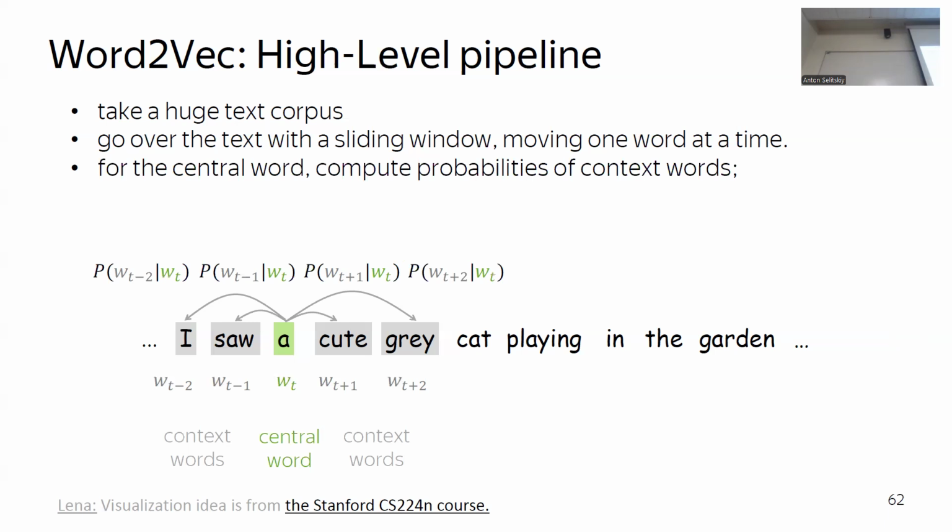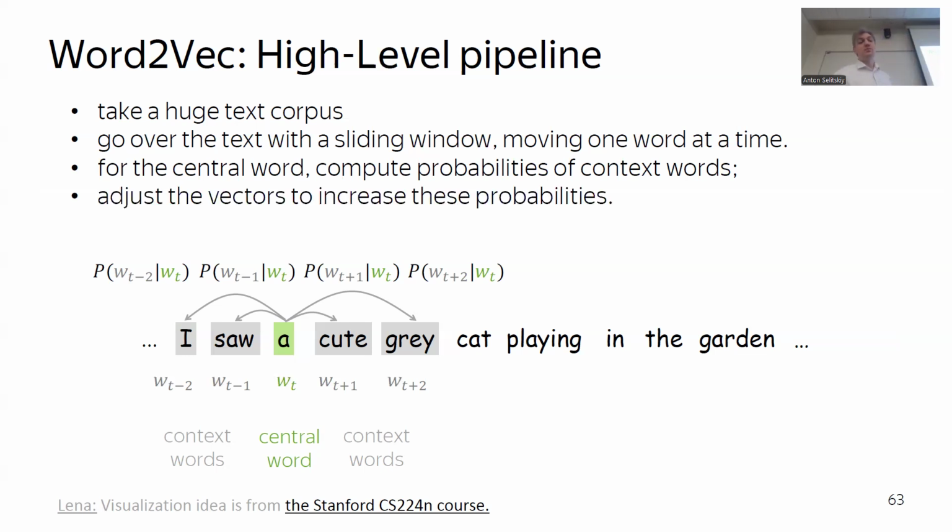And we calculate the probability of each word in context to be in this sliding window with our central word. So this is the conditional probability. What is the probability to meet, for example, word cute with A? Probability to meet gray in the sliding window that contains A, and so on.